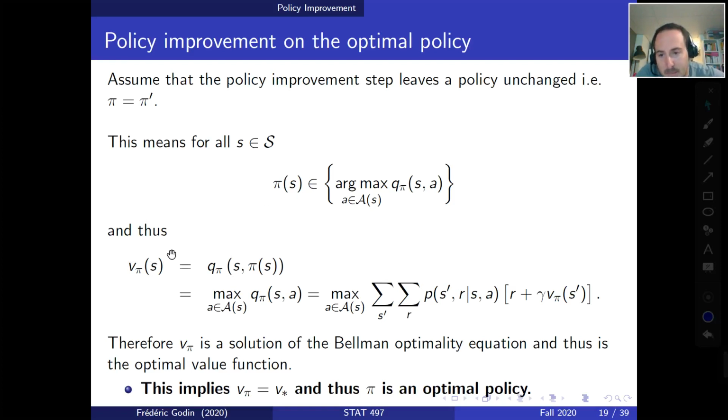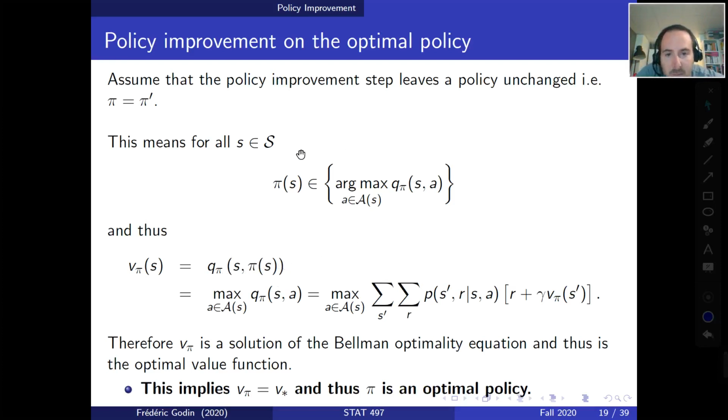It would mean that v pi S, the value according to policy pi of that state, would be equal to q pi S, pi S. This is direct from the definition of v pi. Here the value of the action pi S in state S is clearly v pi S, because v pi assumes that we follow policy pi all the time, so the next action will simply be pi of S, of course.